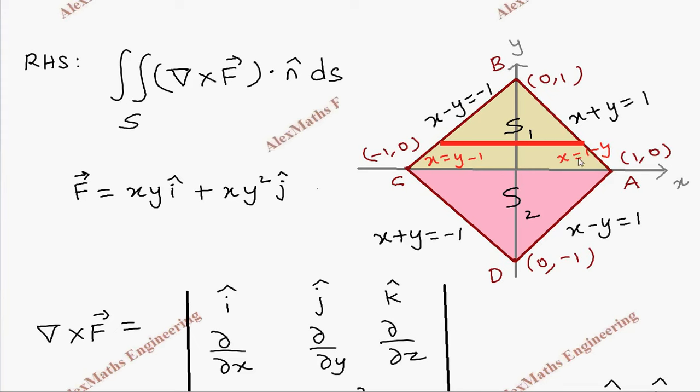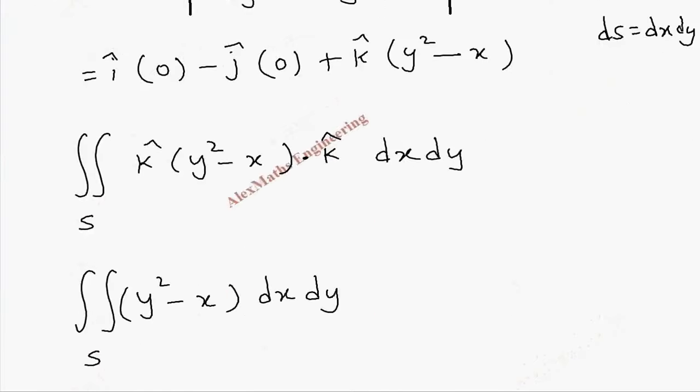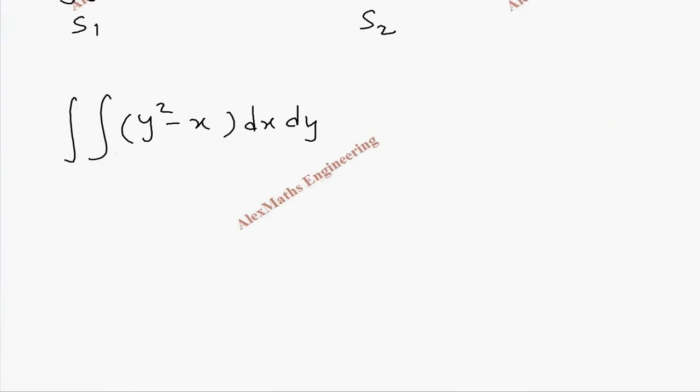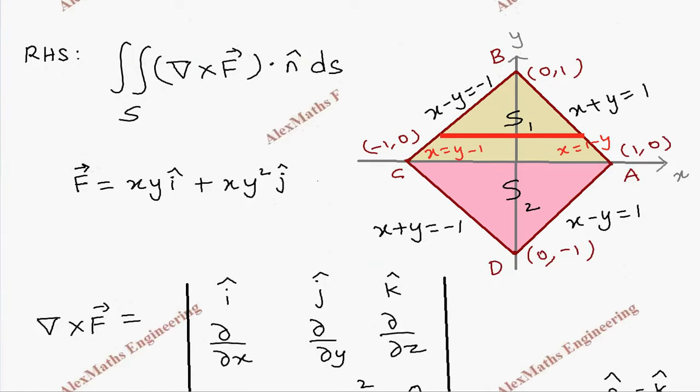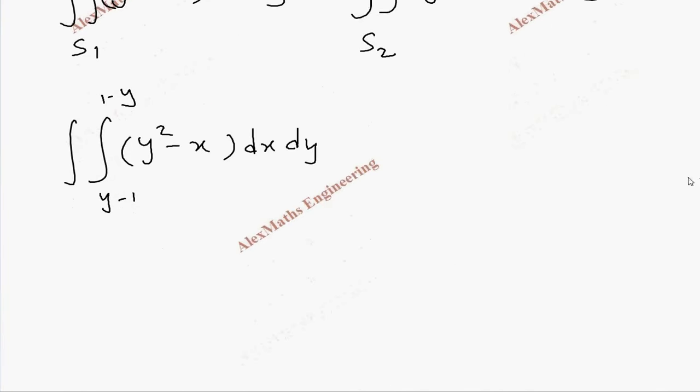So 1 - y, this is y - 1. So what I can do is write it as y - 1 to 1 - y for the first part. And if I take a vertical strip for this region, the lowermost is 0 and uppermost is 1 for y. That is from 0 to 1.